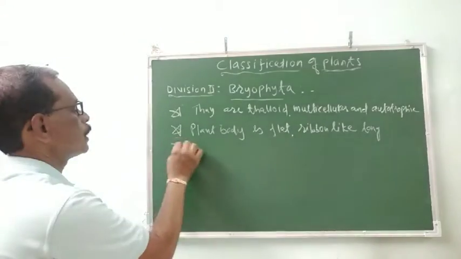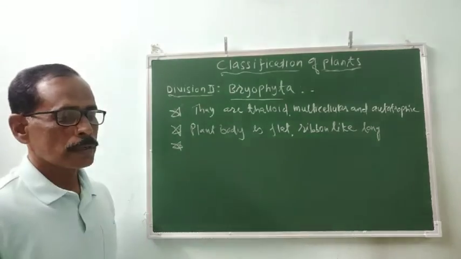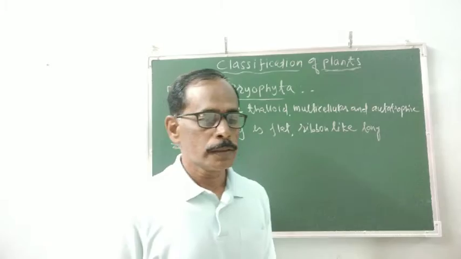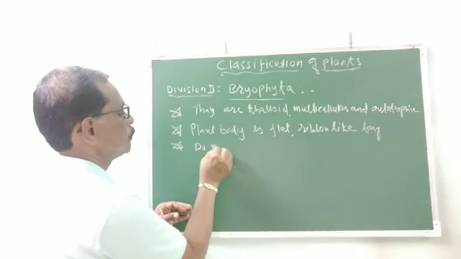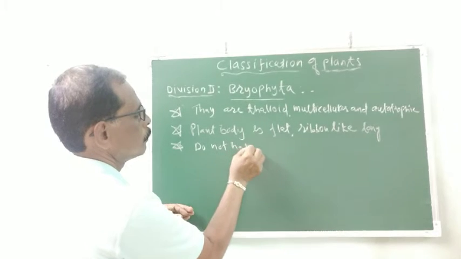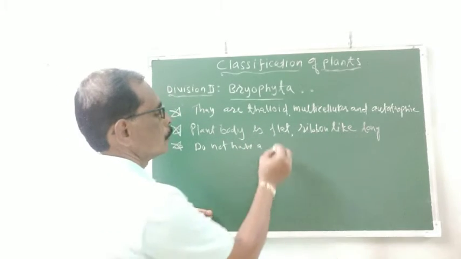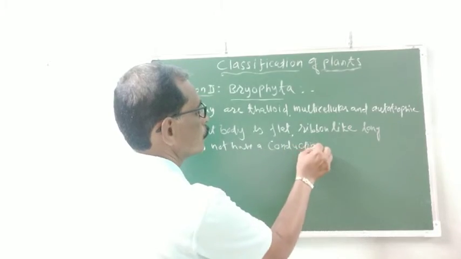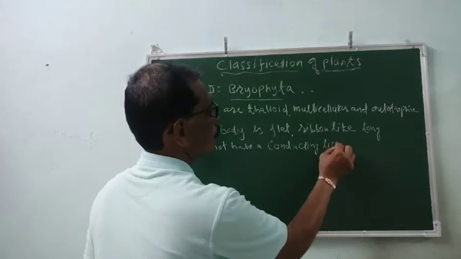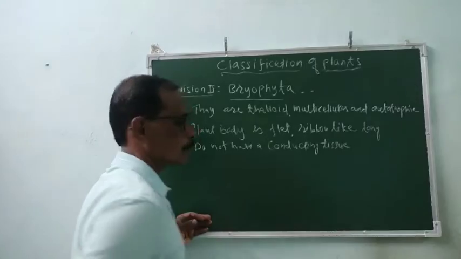Third character, we write that they do not have a conducting tissue to conduct the water and food.